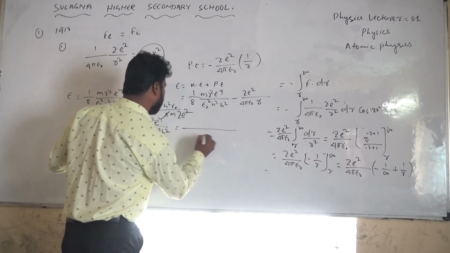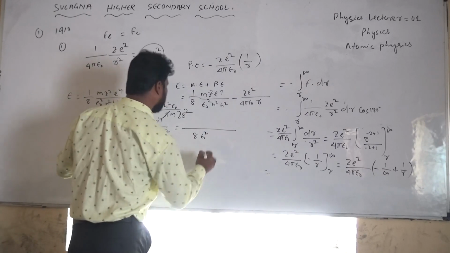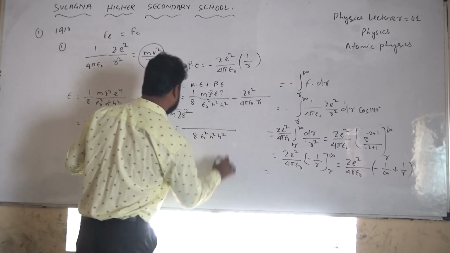Take the LCM, 8 epsilon naught square n square h square.